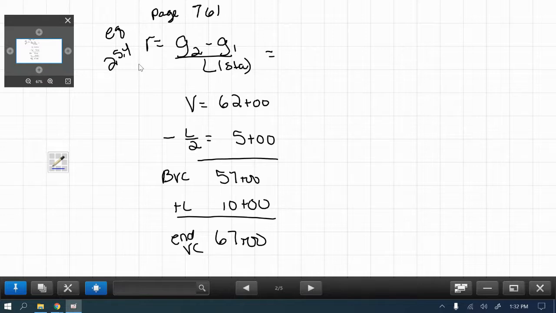So R is G2, that was a negative 3, minus G1, which is a 4, divided by L in stations. So L in stations would be 10, because it was 1,000 feet.